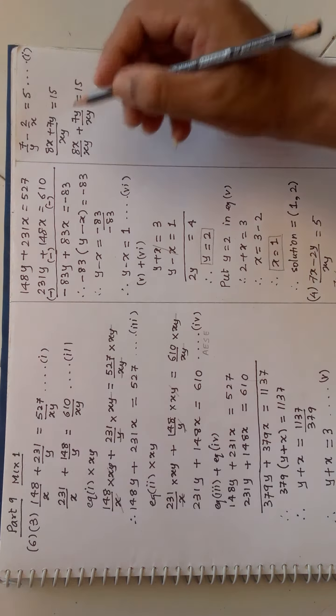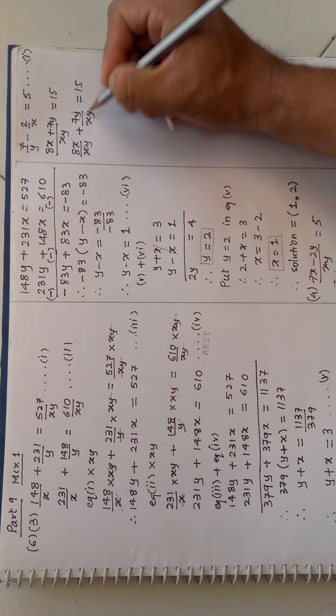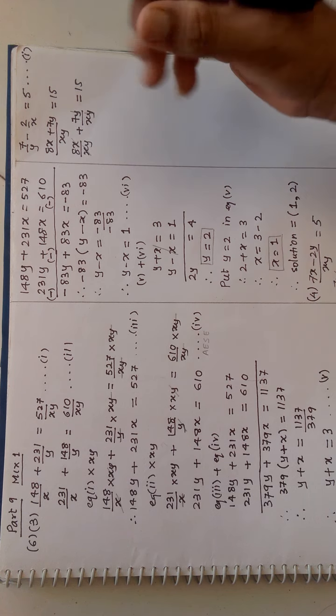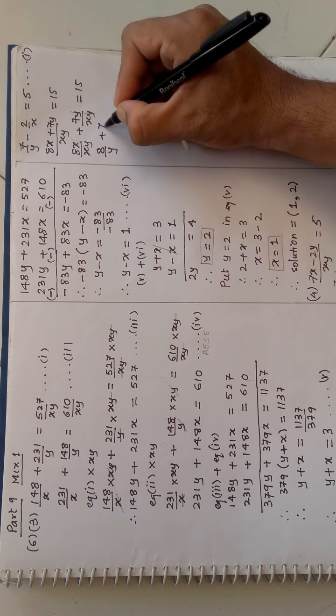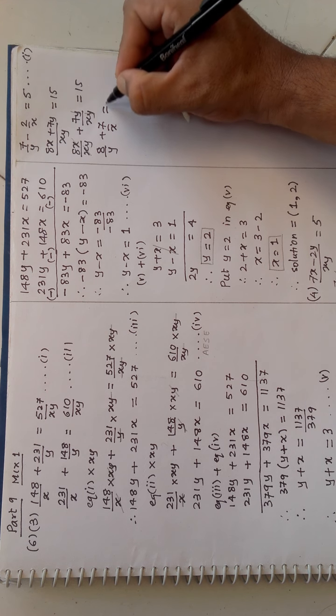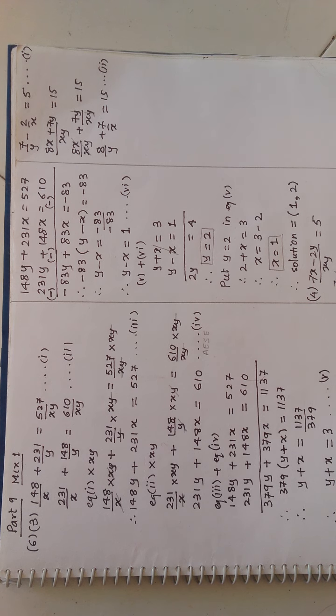Same thing I will do. Up and down division is there, side by side multiplication is there, so it divides off and you get here 8 upon y plus 7 upon x is equal to 15, which becomes your second equation. Now recollect what we did earlier.